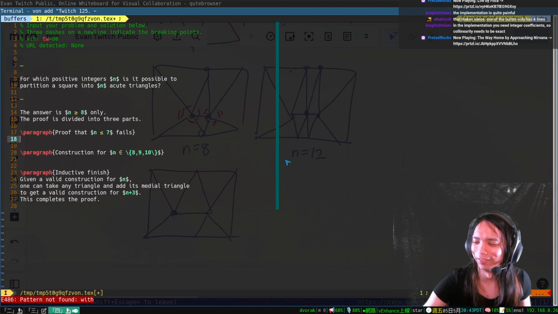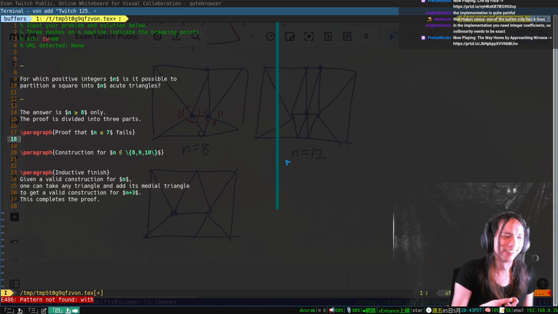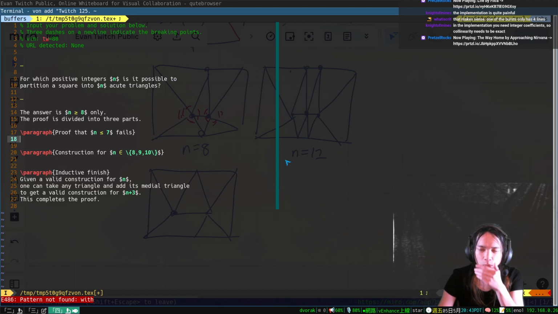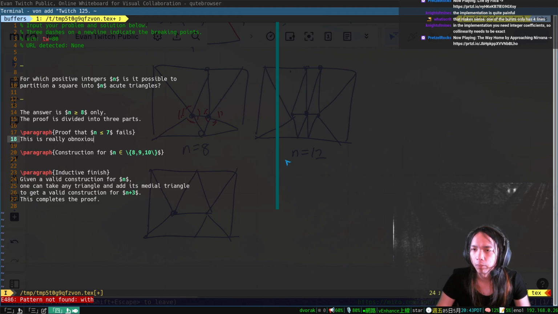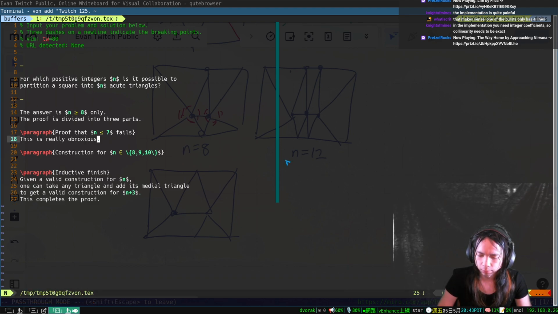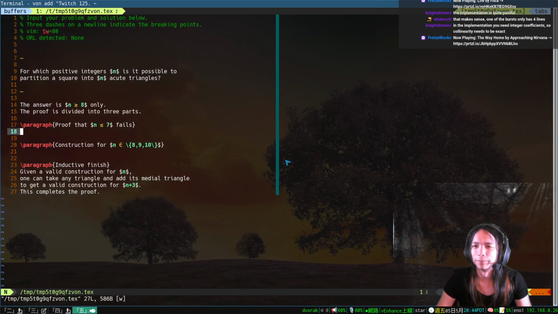Oh god, actually the implementation sounds so annoying. Okay, 10 to the 9 isn't big enough, is it? Because you need to build a lot of medial triangles. Actually, okay, the end of most 7 is not that bad, I think.